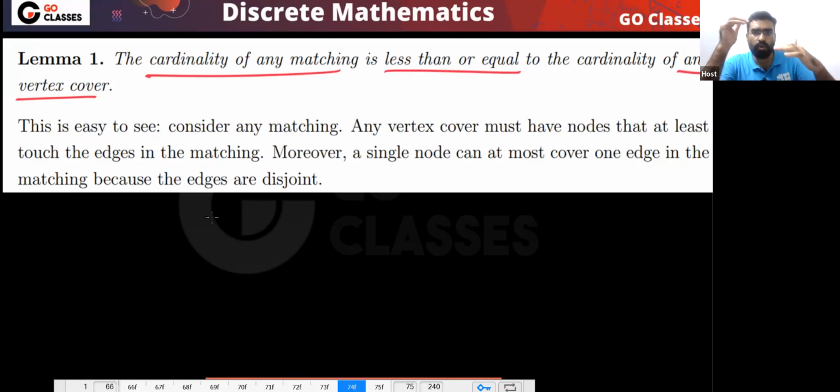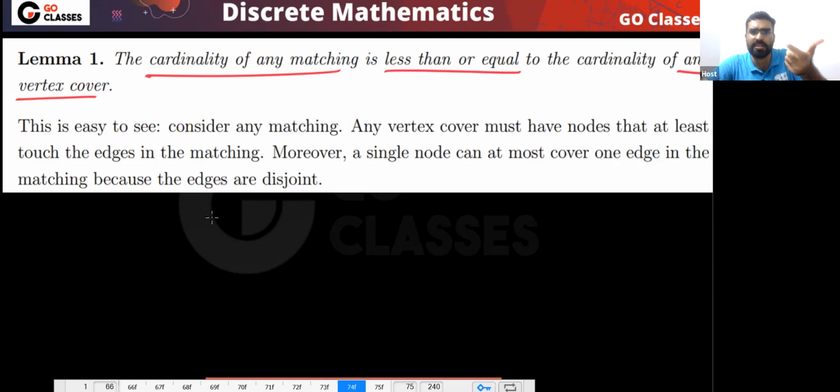Vertex cover should cover all the edges. So who will cover these edges of the matching? There are other edges also, but to cover these edges of the matching, you need at least one vertex from each edge of the matching.